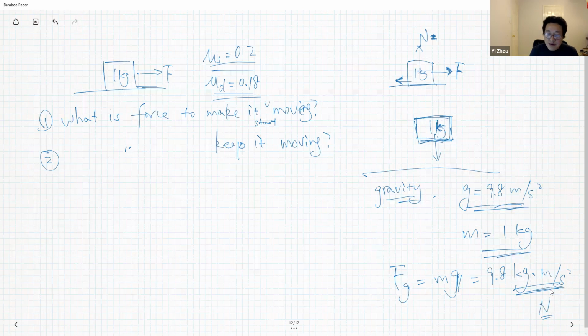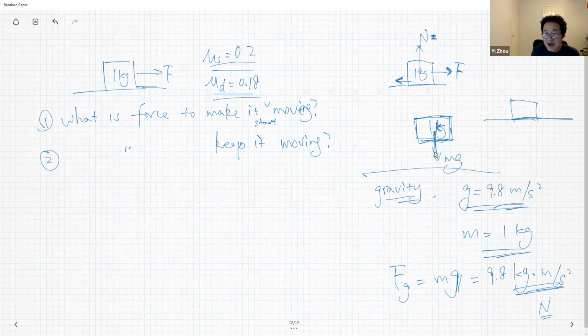Okay, so that means everything on Earth's surface will have a gravity acting on it, which equals mg. Here we talk about a free fall, right?